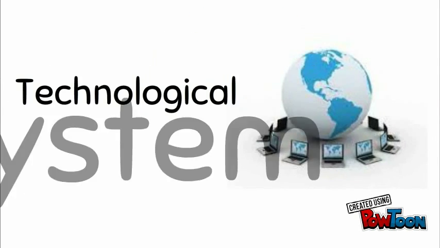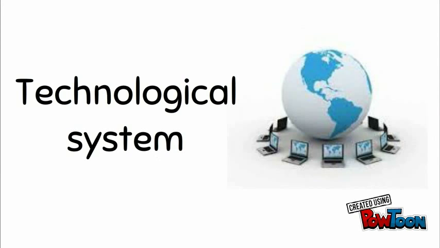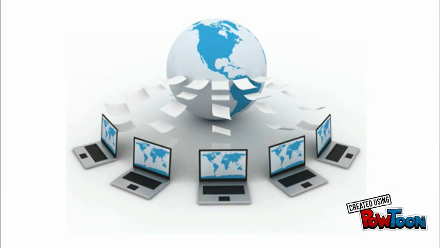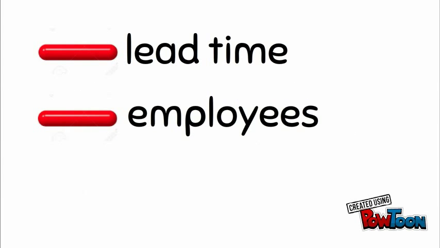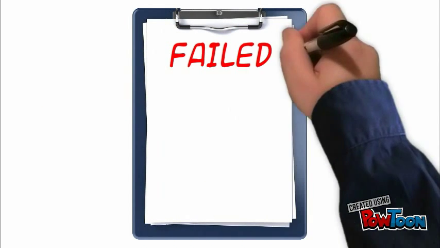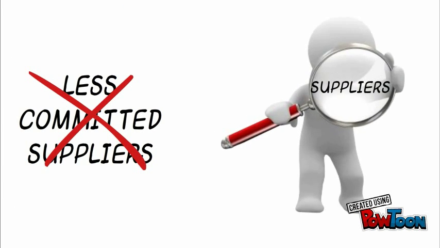To implement an integrated technological system that allows the rapid flow of information from one department to another in order to reduce the lead time of the process, the number of employees involved, and the dependence on less departments. To include as part of the system a record of failed orders so that they can identify the less committed suppliers and start looking for new ones.